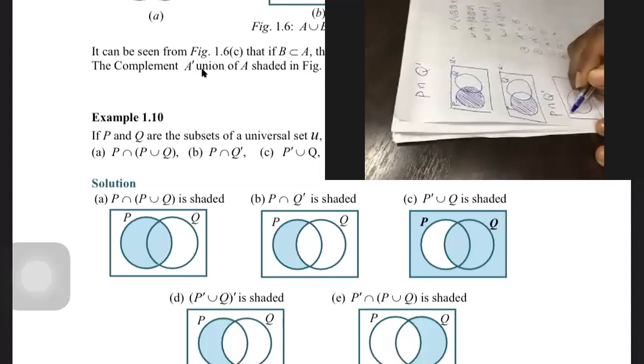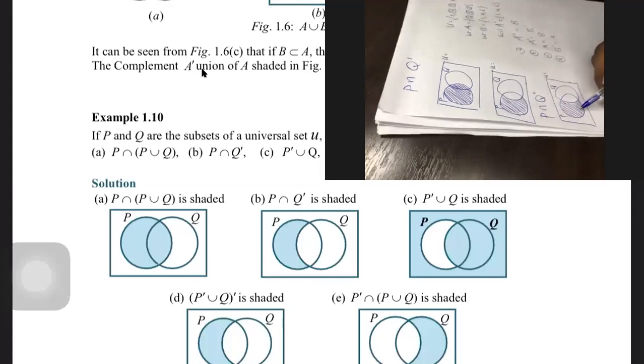Okay, so I have P, I have Q, and your universal set is here. So this place is P intersection Q complement. So you can say that P intersection Q complement is equal to Q complement.